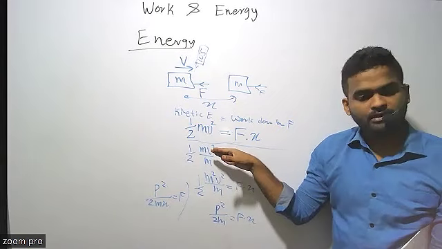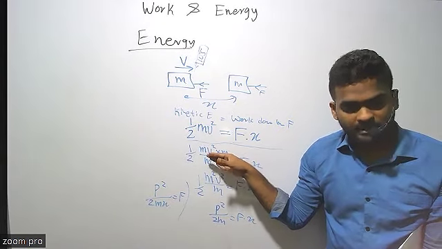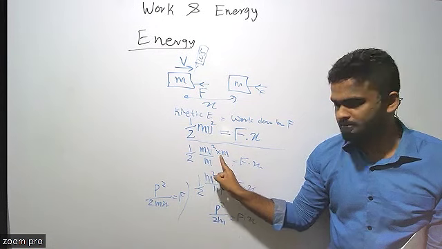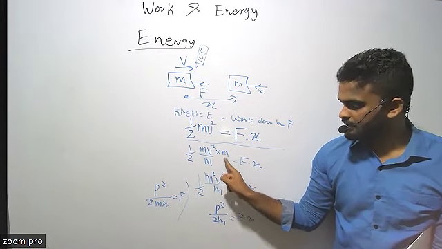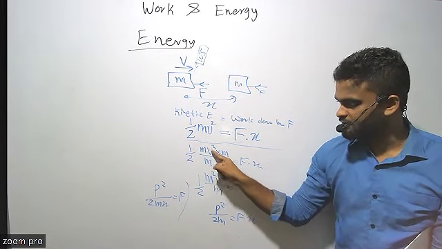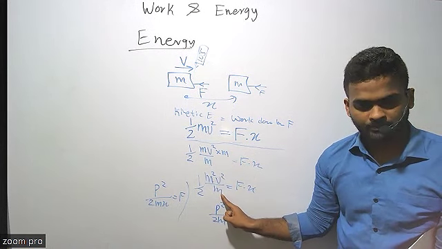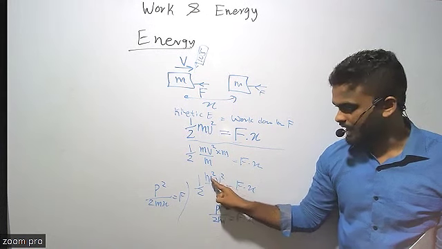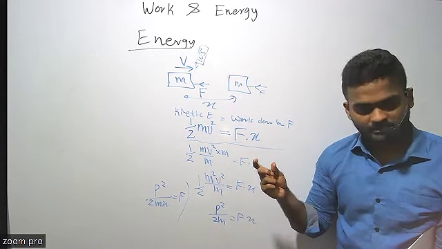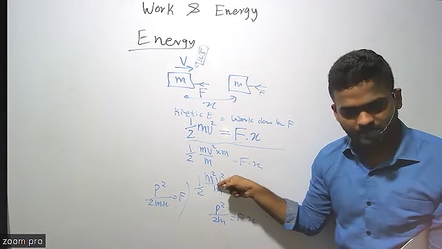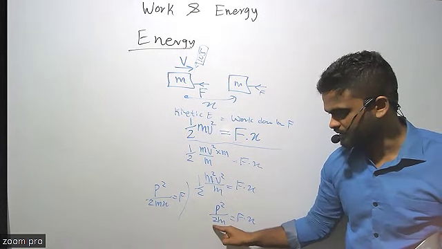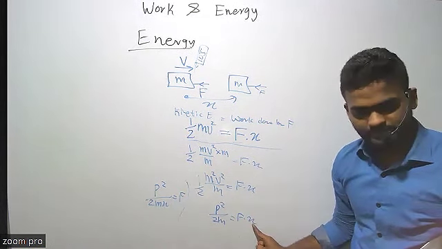After that, I had to convert this into momentum. That's why I multiplied by m and m like this. So this becomes m squared v squared divided by m. So mv is momentum. Then you can plug momentum there. Make it p squared divided by 2m equals Fx.